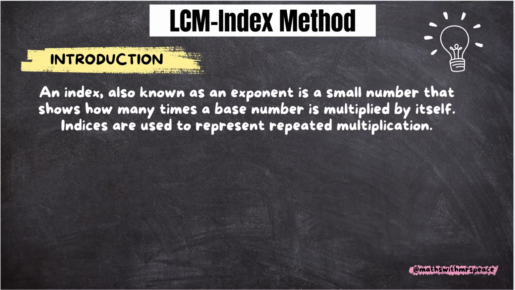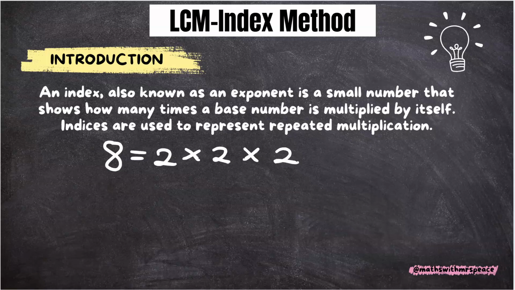For instance, the number 8 can be expressed as 2 times 2 times 2. 2 times 2 is 4, and 4 times 2 is 8. This is an example of repeated multiplication. We have 2 multiplying itself 3 times.